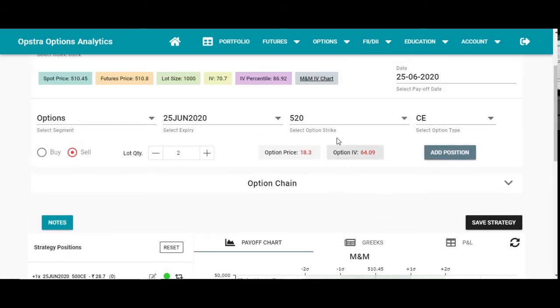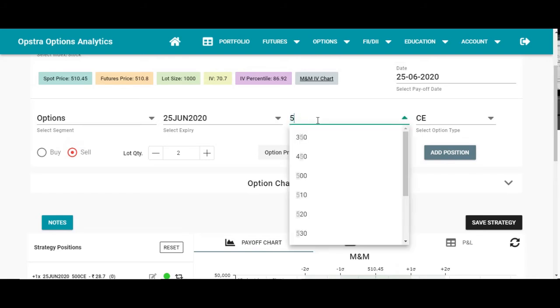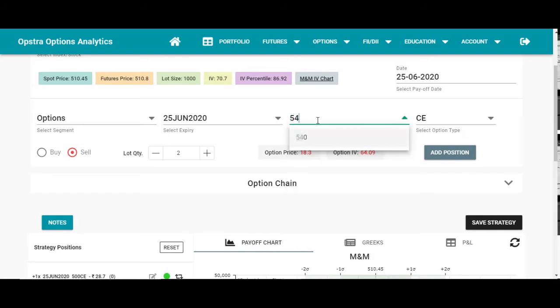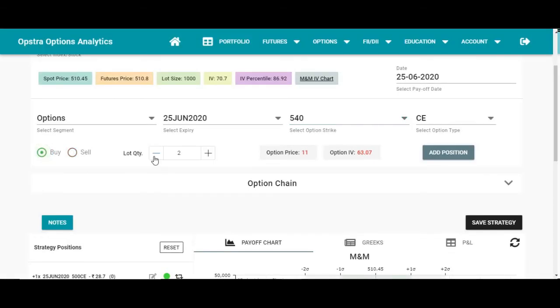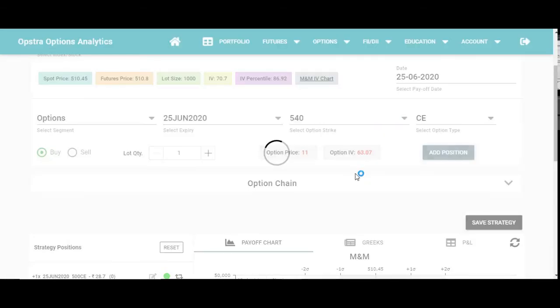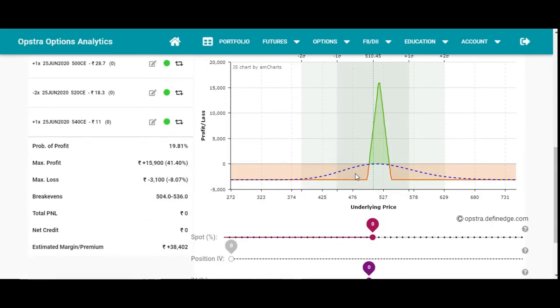For hedging purposes, I'll be buying one lot of 540 call option to hedge the naked sell options. After this, we'll get a maximum loss of 3000 and a maximum profit of 5900. We'll get the maximum profit if the stock expires at the level of 520.